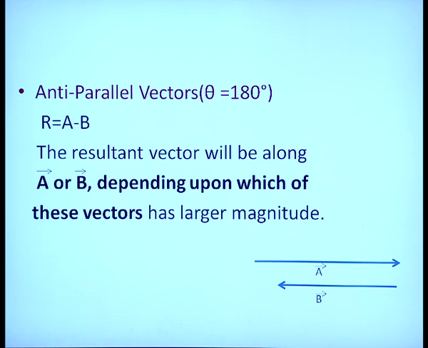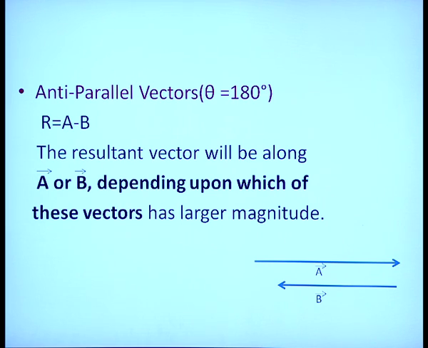So, now if you put the same formula, R equal to root over A square plus B square plus 2AB cos theta, and in place of theta you put 180 degree, then you can find out R equal to A minus B. Hence, the resultant vector will be along A or B depending upon which of these vectors has larger magnitude.